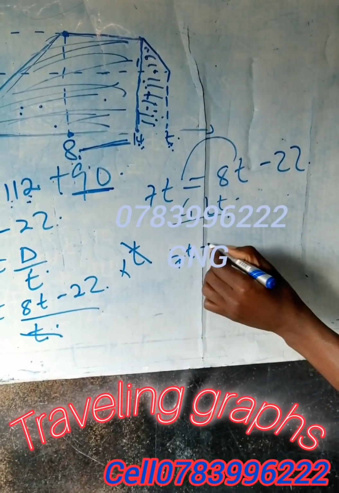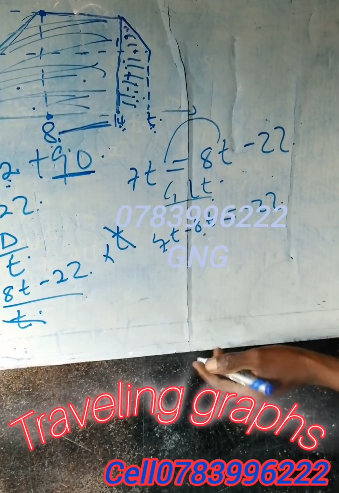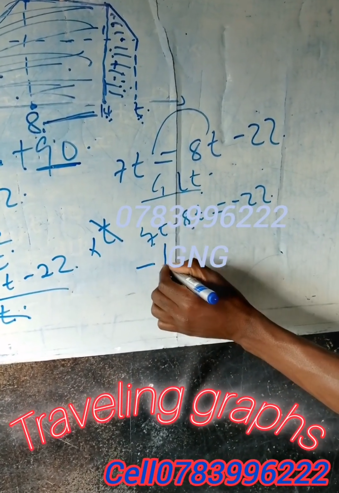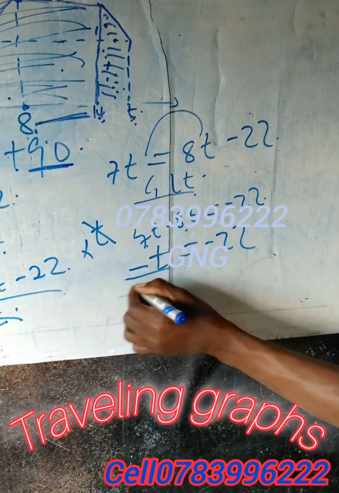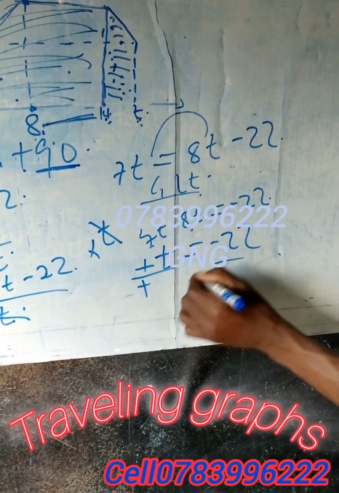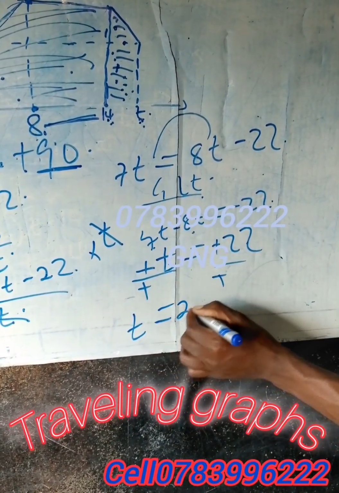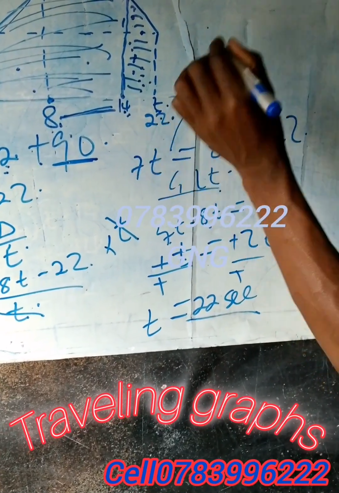It will be 7t minus 8t is equal to minus 22. So 7t minus 8t gives minus t. So minus t is equal to minus 22. Divide both sides by minus 1. So our t is 22. t is equal to 22 seconds. So here is 22 seconds.